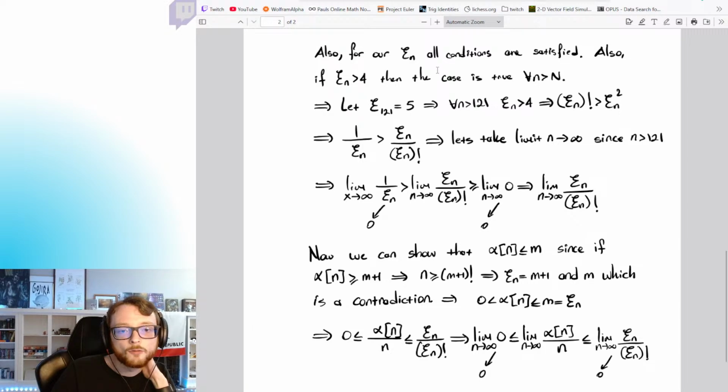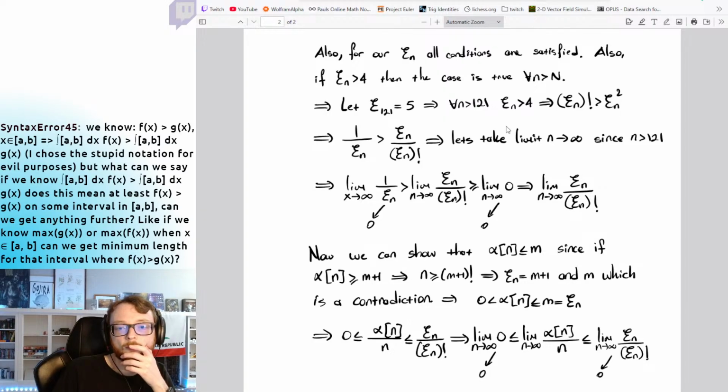For all our Psi sub n, all conditions are satisfied. Psi sub n is greater than 4. The case is true for all n greater than 121, since Psi sub 121 equals 5. If Psi sub n is greater than 4, then Psi sub n factorial is greater than Psi sub n squared. Yep.